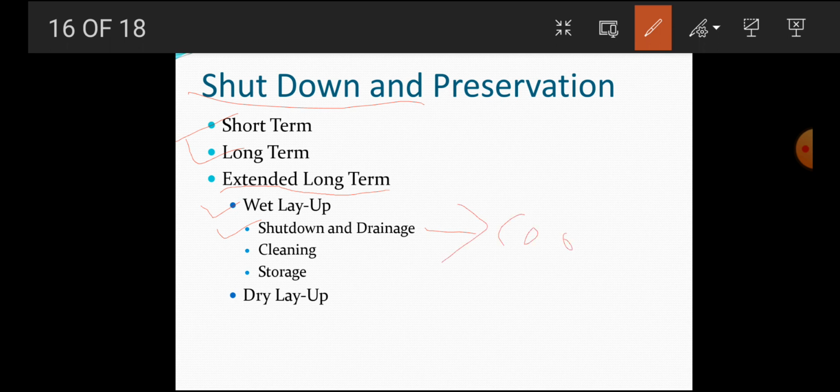Then open the top try cock for steam or relief valve for hot water. So open the cock and relief valve so that the steam and hot water can be moved out. Then open and remove the manhole cover. So the manhole cover should be removed. Then open the blow down valves.